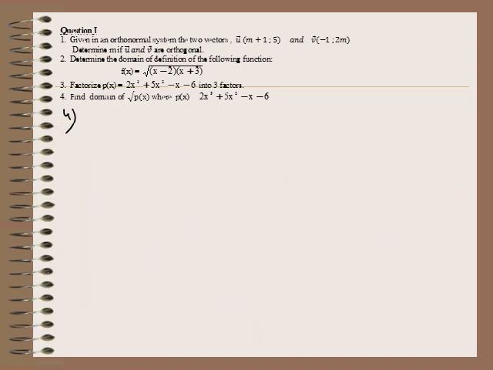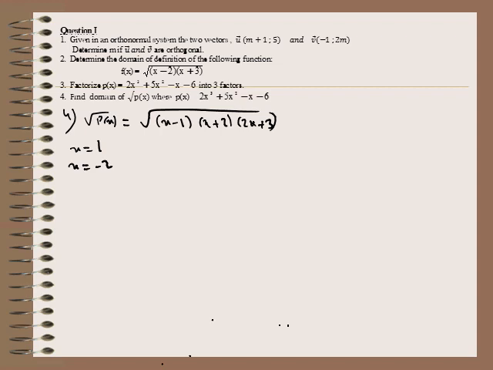Number 4. Find the domain of radical p of x. Radical p of x is equal to the radical of (x minus 1)(x plus 2)(2x plus 3). x minus 1 equals 0, so x equals 1. x plus 2 equals 0, so x equals minus 2. 2x plus 3 equals 0, so x equals minus 3 over 2.